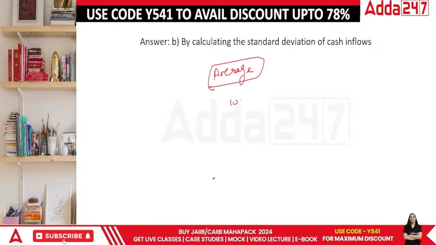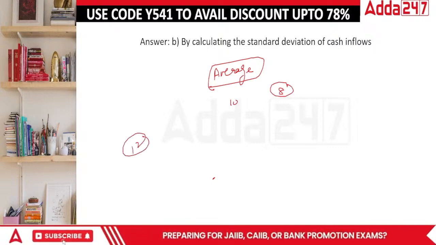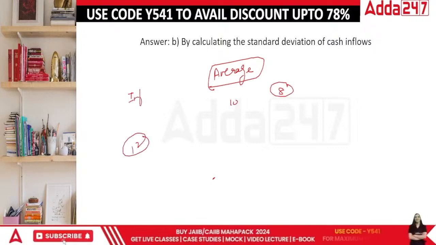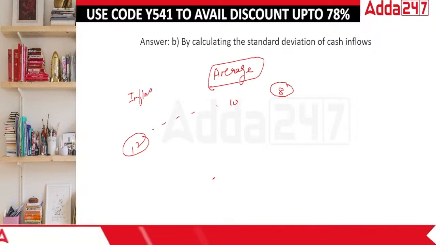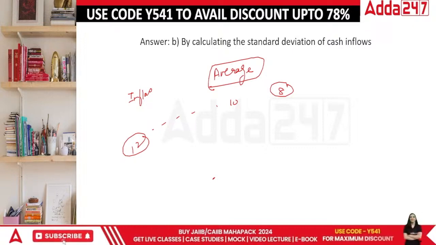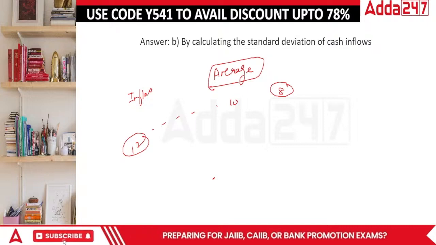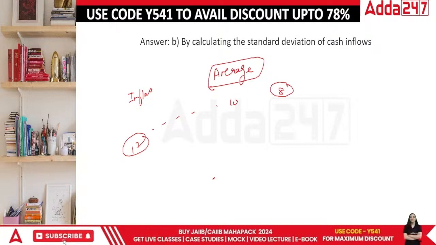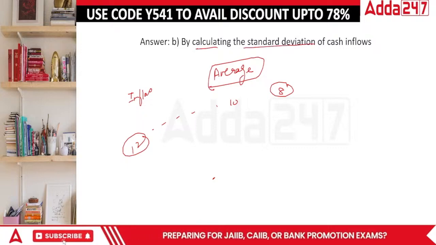If the average is 10 and you have 8 or you have 12 in terms of your inflows, it's good if you have 12. But what about outflows? If we are losing, then it's actually bad. I'll always consider it as a bad thing. Why? Because when I'm getting the money in the due course, if I'm getting less money, it's bad, and if I'm getting more money, it's good. So if I'm deviating from the standard or I'm not able to make a decision, then things can really affect my business. So in this case, we calculate the standard deviation of the cash flows.